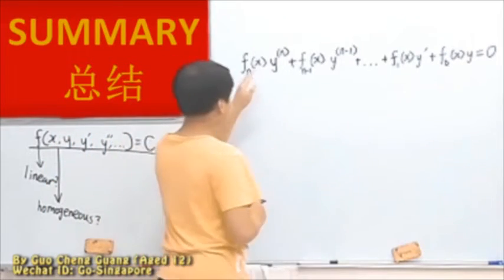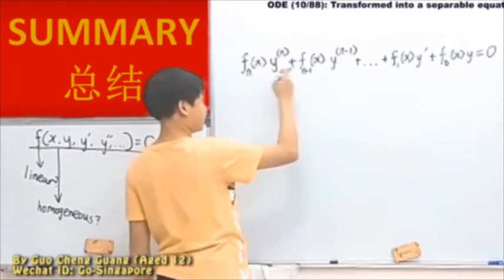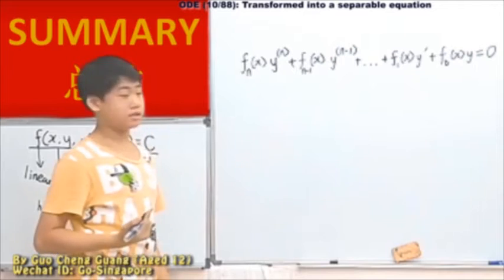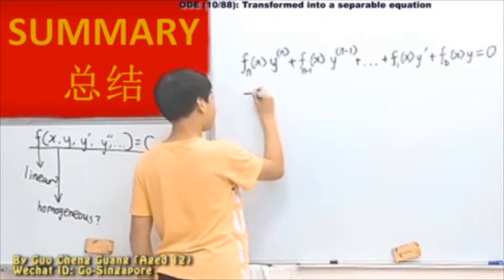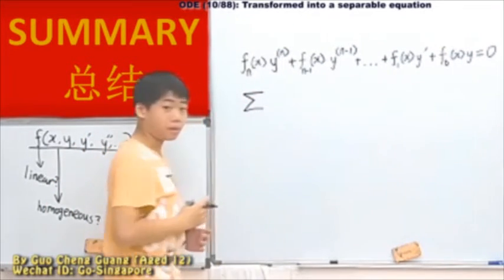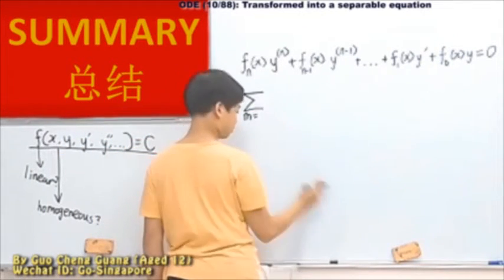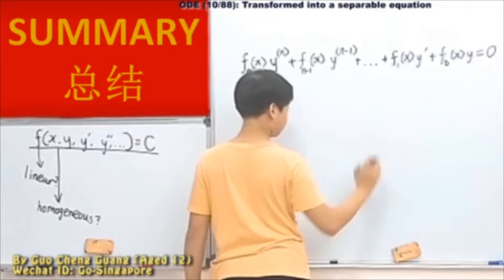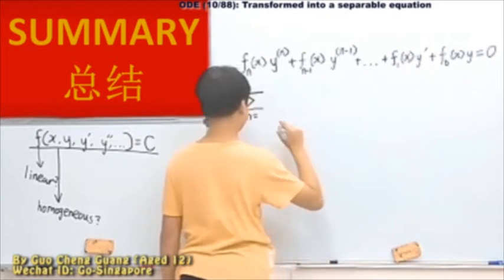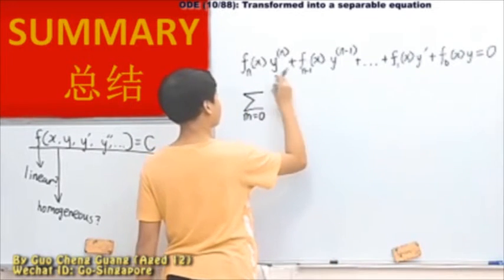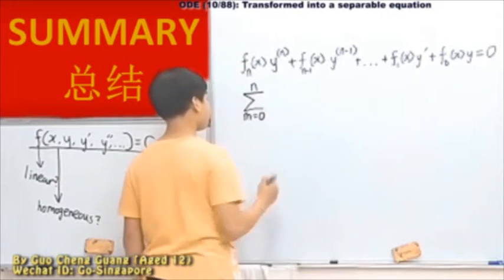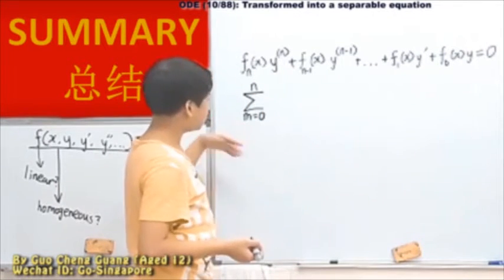But in this form, rather than writing n and n, these two are corresponding, so we can write it in this sigma notation. This m starts from 0, all the way until n. So it's from 0 until n.